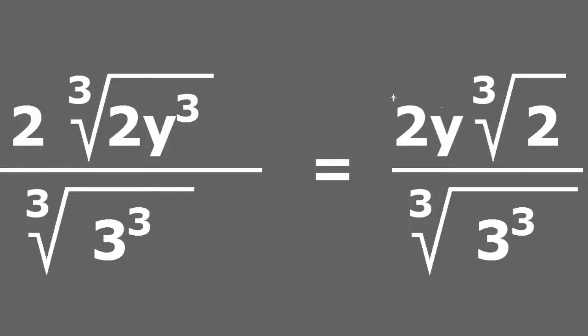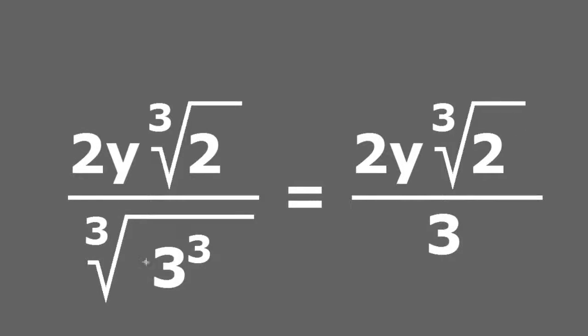Be careful here. This is 2y multiplied by the cube root of 2. So now I have taken out the 2, I have taken out the y. Now I go to the denominator. In the denominator, the cube root of 3 cubed simply equals the number 3. So now we are finished. There is nothing more that I can simplify here.